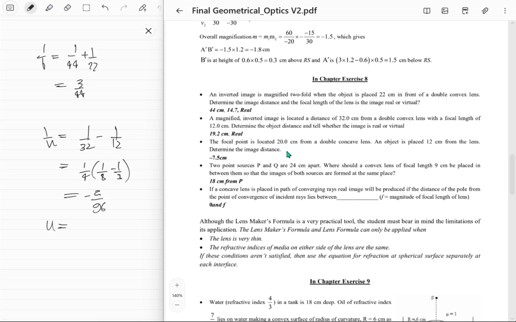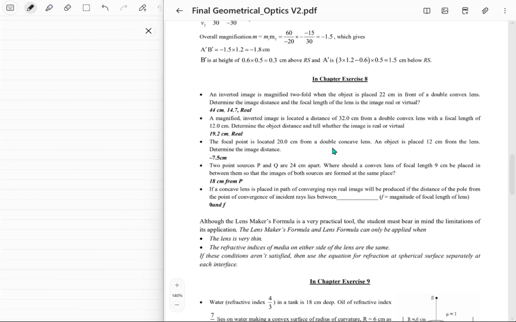The focal point is located 20 centimeters from a double concave lens. What do they mean by double? I think it is concave on two sides. So F is negative 20. An object is placed 12 centimeters from the lens.